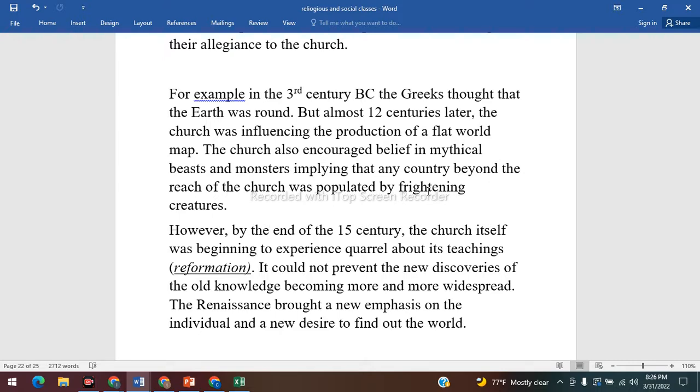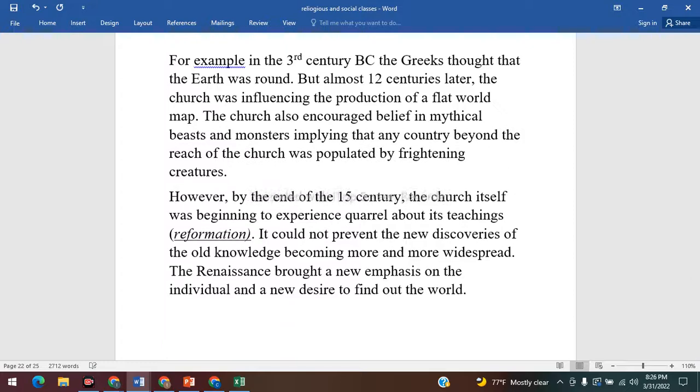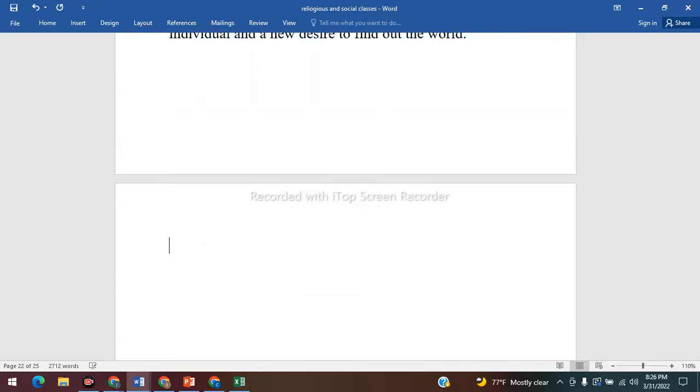Just everything flat, and you can't go over. You can't explore a certain point because if you go and explore it, you will get eaten by monsters. Yeah. All right. I didn't know there were monsters in the ocean. It's just called a deception.